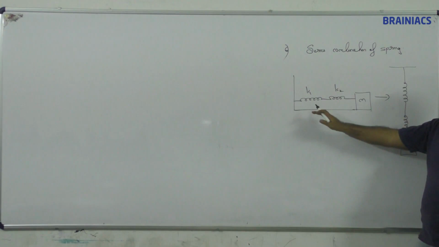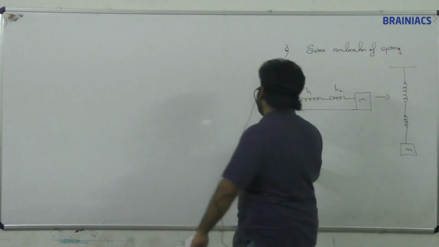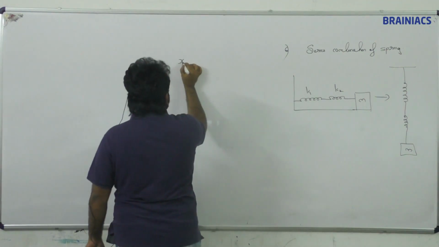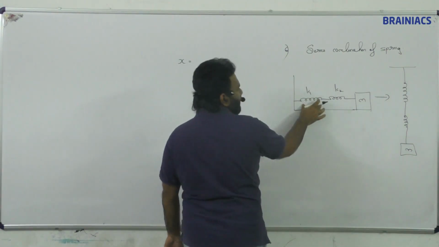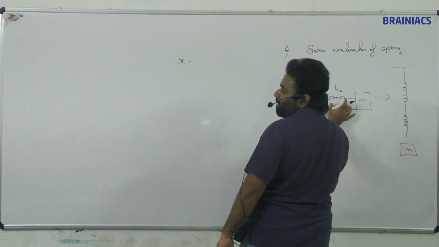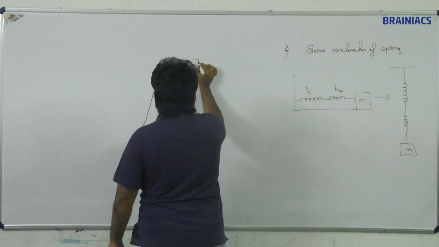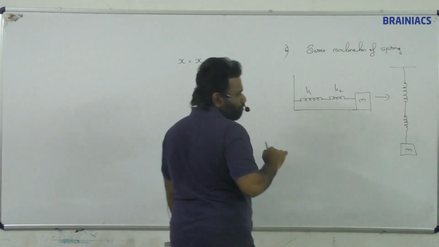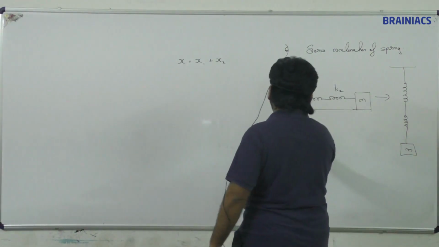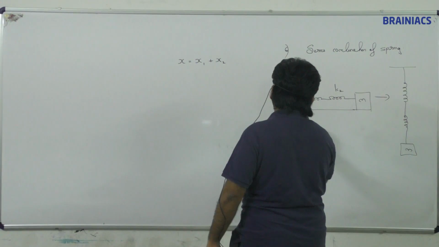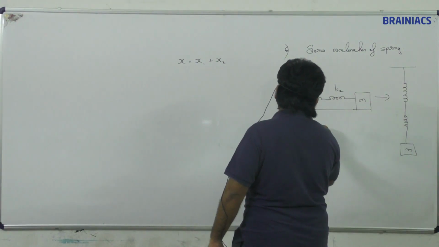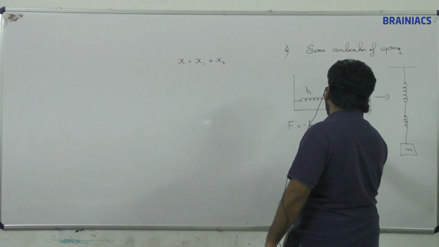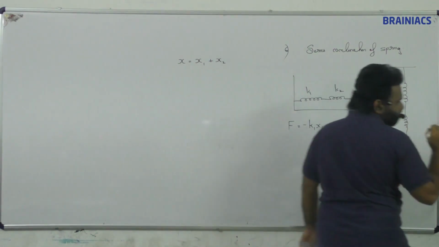Okay, displacement will be how much? Suppose this has a displacement x1 and this has a displacement x2. Now the total displacement is going to be x1 plus x2. Force will be F, which is the same as minus K2 x2.